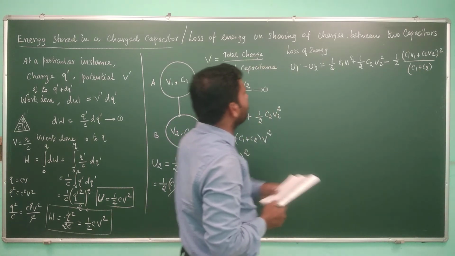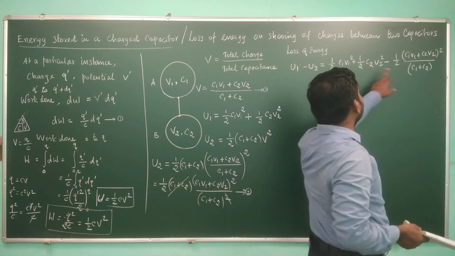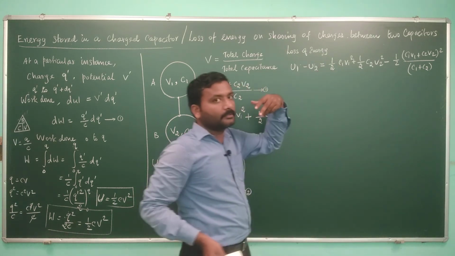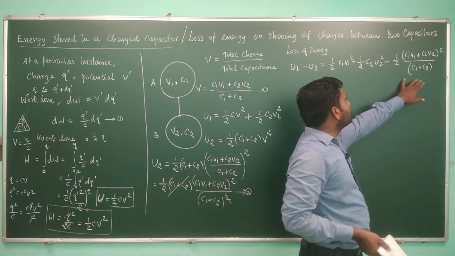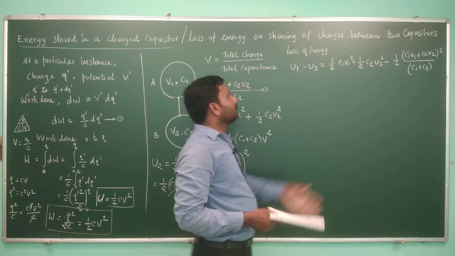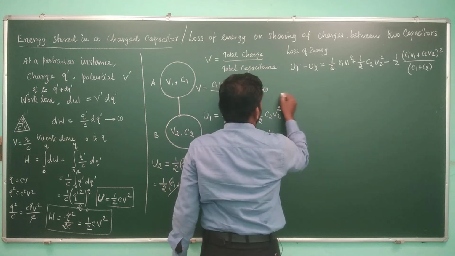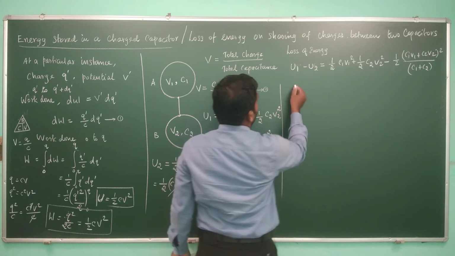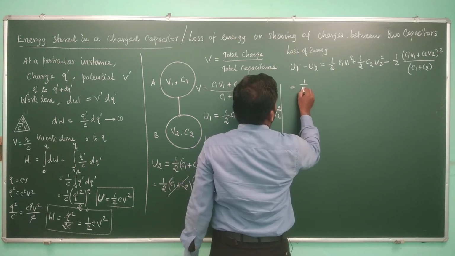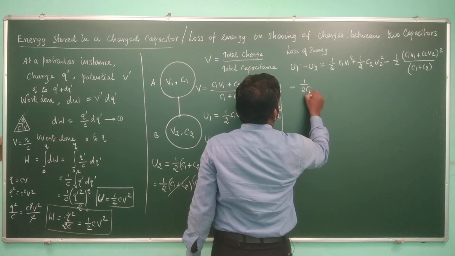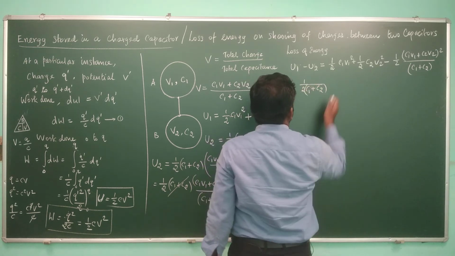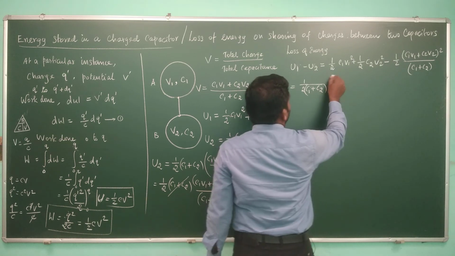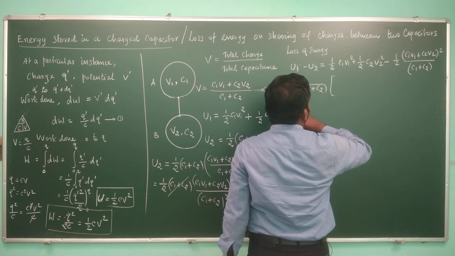Now what we can do is take 1 by 2, 1 by 2, 1 by 2 as common out. And if you want to take C1 plus C2 also, let us do it like this. Let us take 1 by 2 C1 plus C2 as common out. Then what is the remaining?